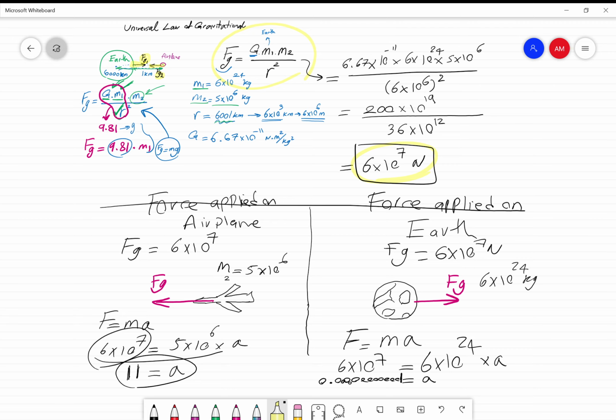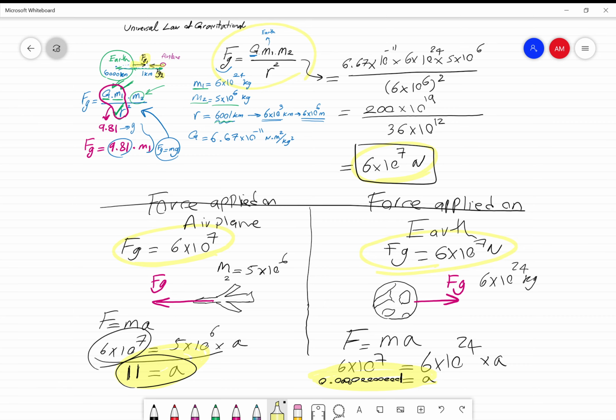So now we made a calculation here. We said that the force is being applied on both, on Earth and airplane at the same time. But the effect of the force on airplane causes an acceleration of 11, enormously high. And the effect of the same force on Earth is enormously low.